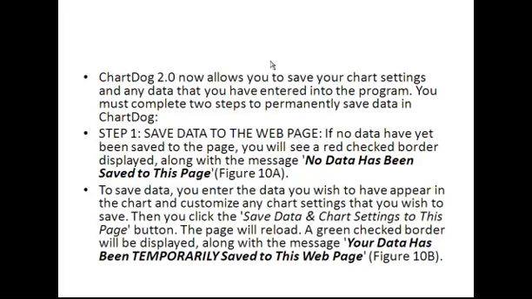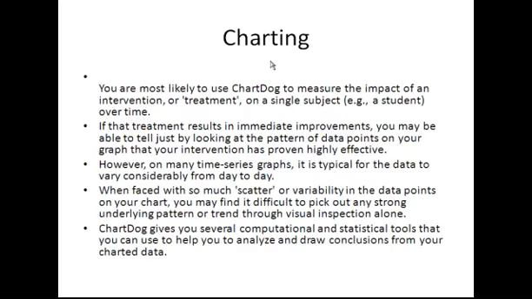If no data has yet been saved to the page, you'll see a red checked border that says no data has been saved to this page. To save the data, you enter the data you wish to have appear in the chart, and then you click Save Data, and the page will reload, and it'll say your data has been temporarily saved into this web page. And then you just need to go ahead and permanently save it.